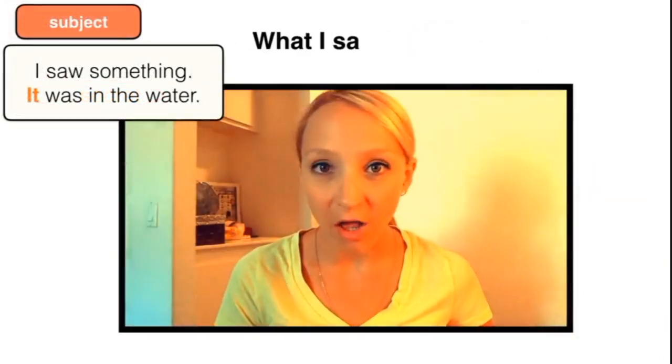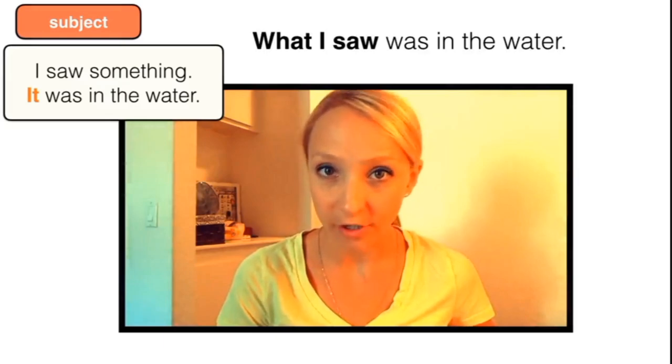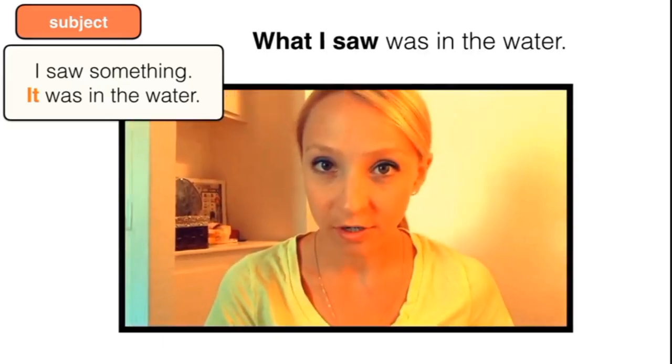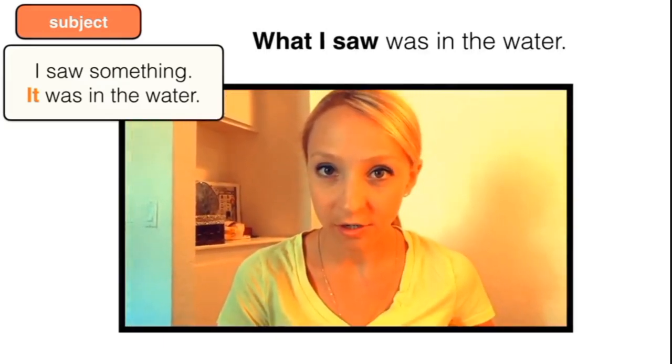What I saw was in the water. Okay, now the noun clause, what I saw, is acting as the subject of the sentence. Notice that it receives a singular verb form, was. What I saw was in the water.